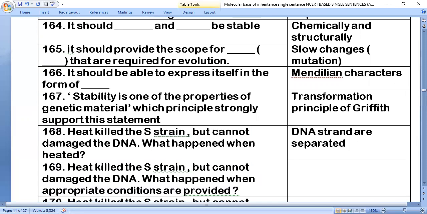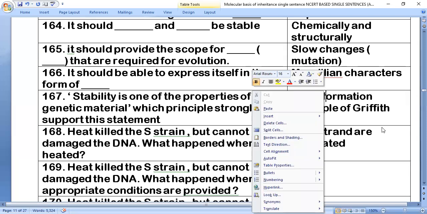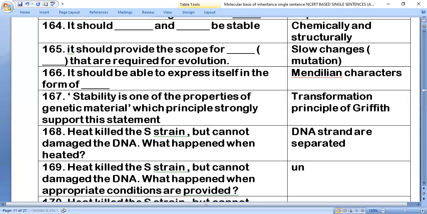When appropriate conditions are provided, they unite with their complementary strands.